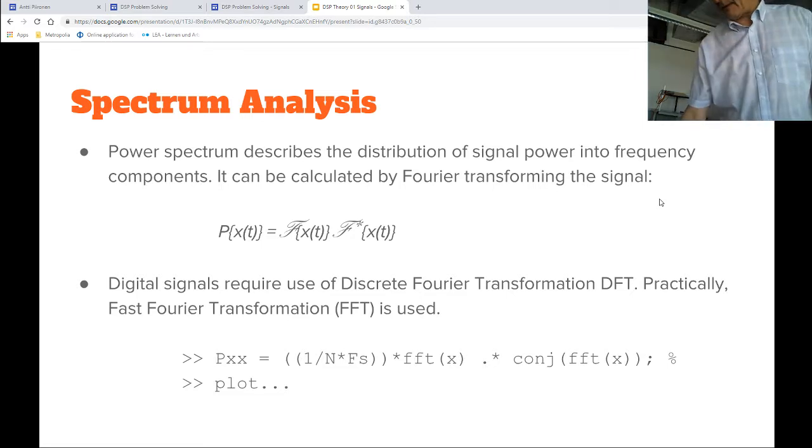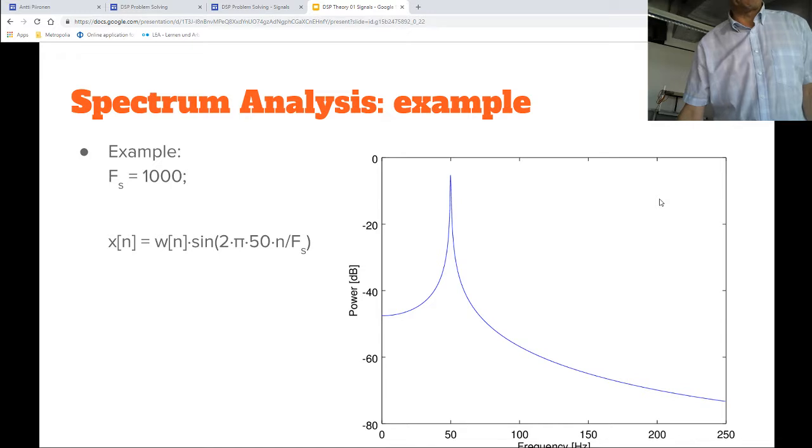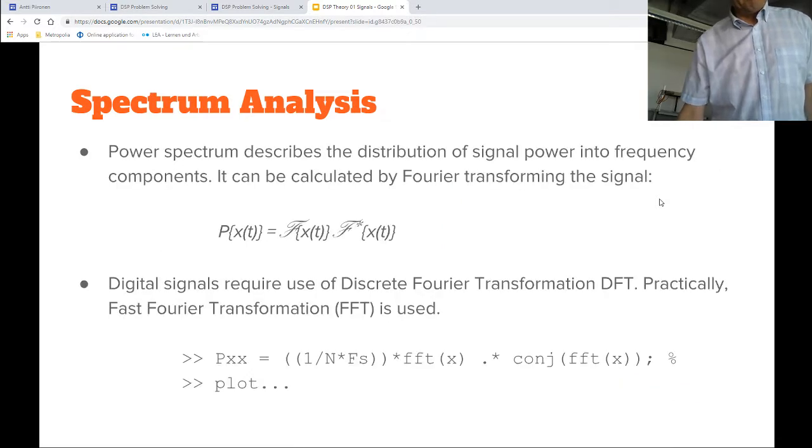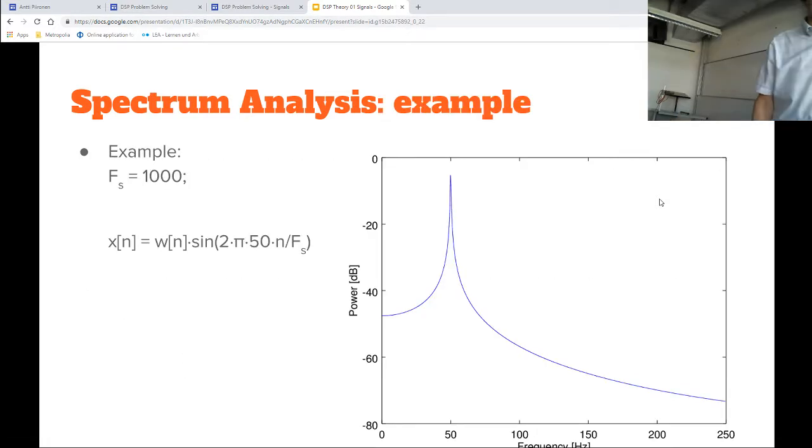Okay, nothing fancy about it. Oh, right, except in sampled signals, you will get the so-called Gibbs effect.